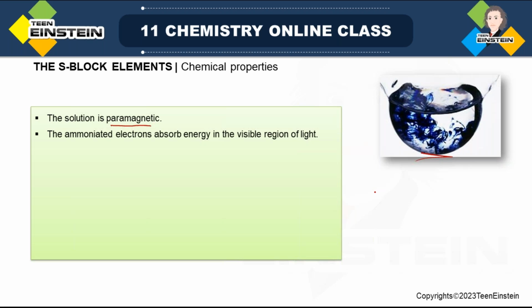In the previous slide you have seen the unpaired electron surrounded by ammonia molecules, that is the ammoniated electron. It is not paired, it is single, unpaired. So that is why it shows paramagnetic property. And these ammoniated electrons absorb energy in the visible region of light, and the wavelength is such that you ultimately see the blue color. So what is the reason behind this blue color? It is because of the second statement.